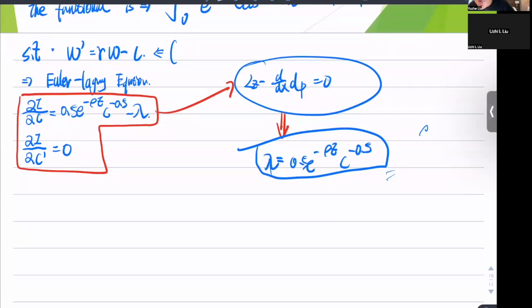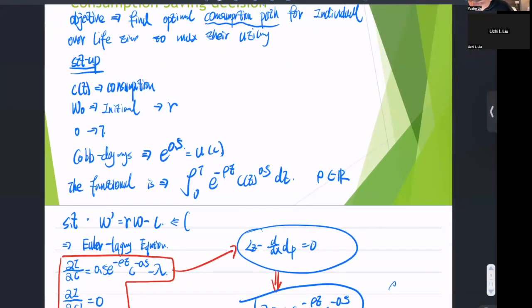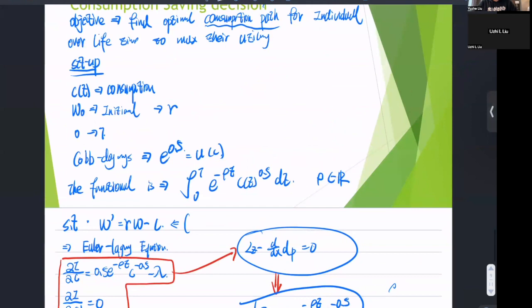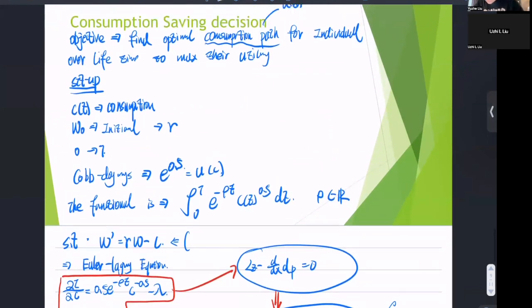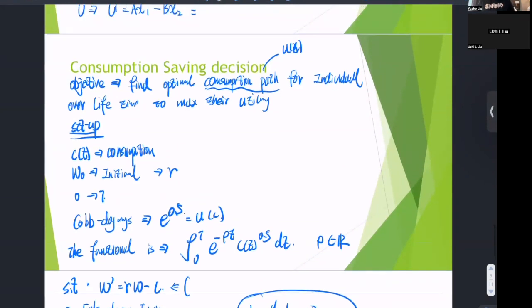So this model explains decision making over a lifetime for individuals under limited budget constraints. How do we maximize the utility we can get? So that's the consumption saving decision.